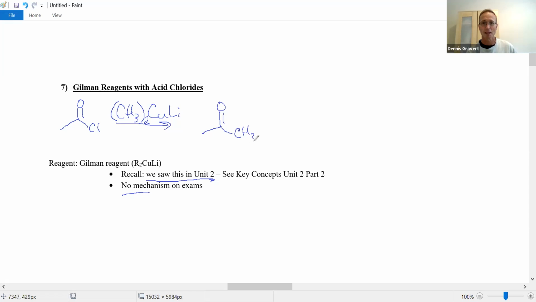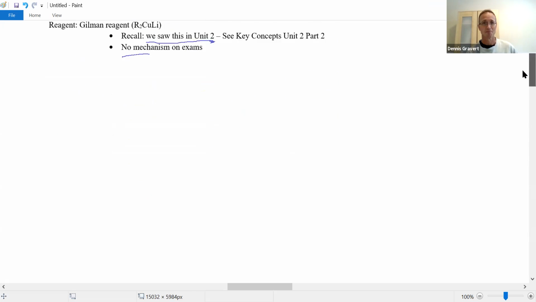We didn't talk about the mechanism, but this one does stop at the ketone. So if you wanted a ketone, Grignard can't give it to you, but the Gilman, the Corey House reagent, can. No mechanism. Nice.